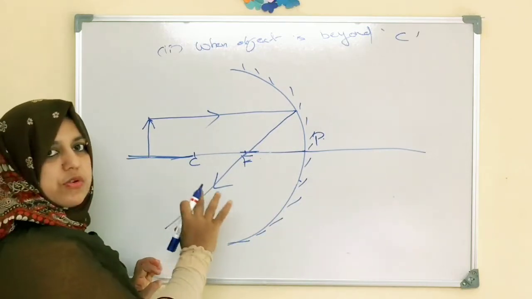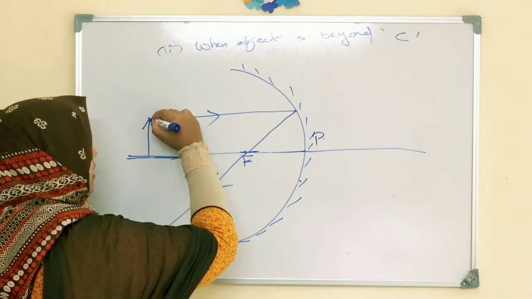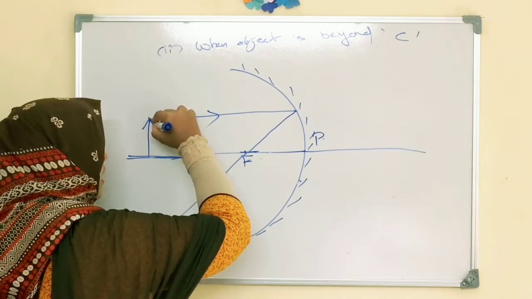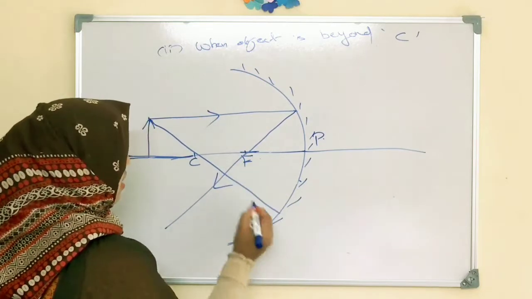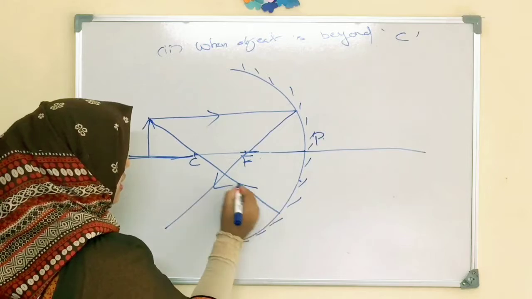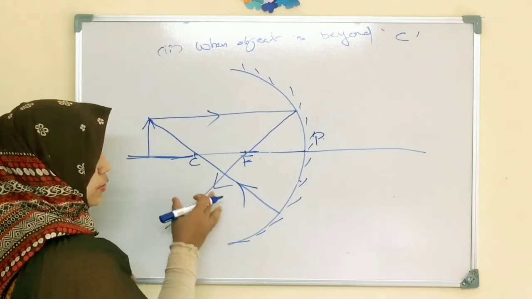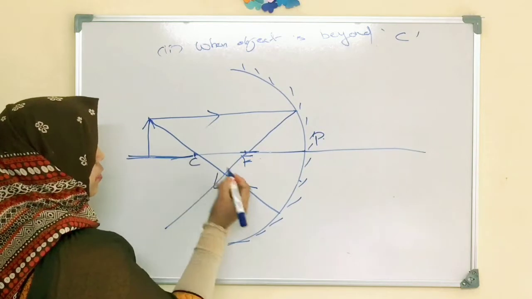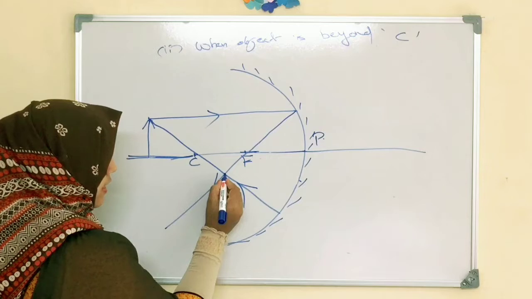Now the first rule is completed. Next, we are using the third rule, that is, any incident ray passing through the center of curvature, after reflection, retraces its path. This is the third rule.